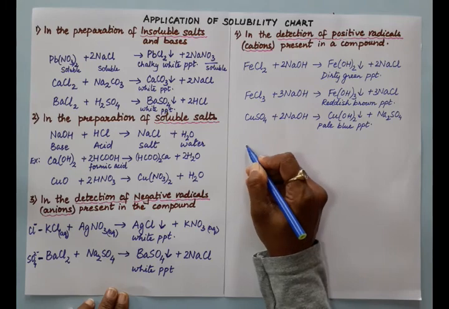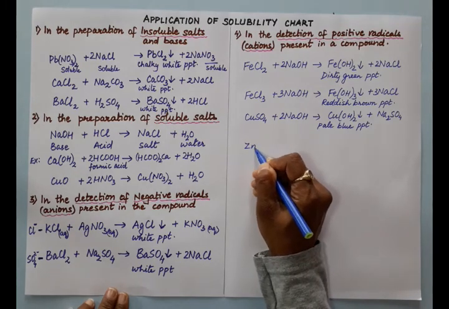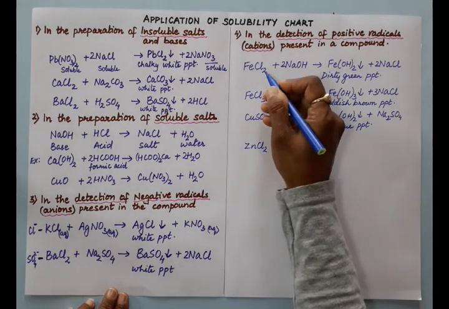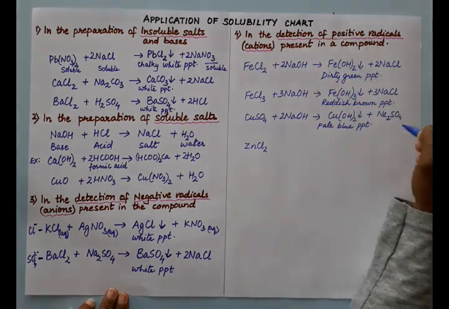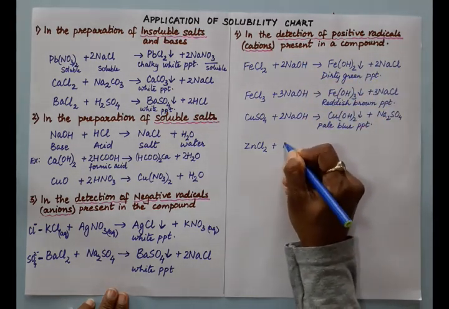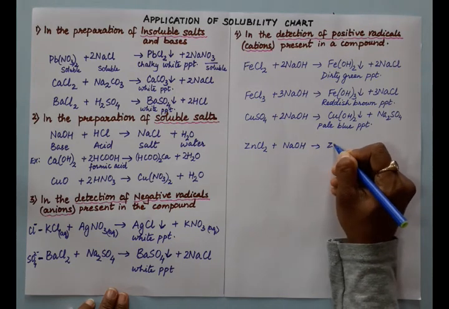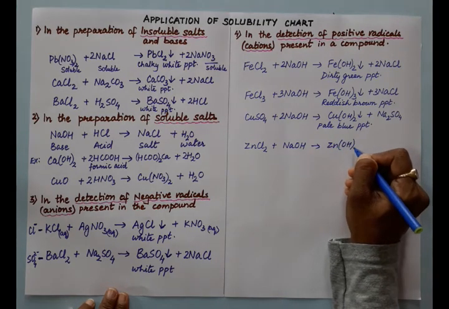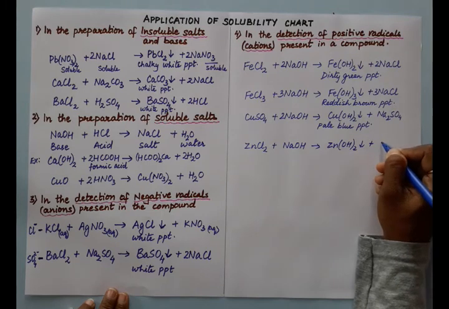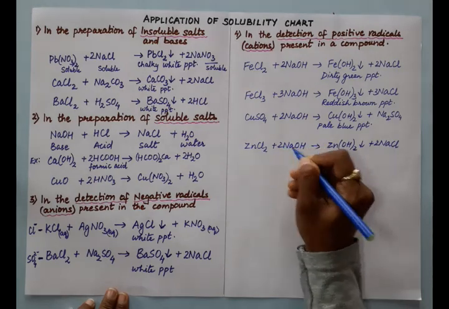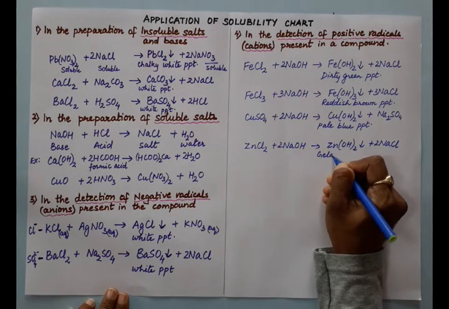Then we have, say, zinc chloride or zinc sulfate, any soluble salt. Soluble plus soluble gives insoluble plus soluble. So zinc chloride, when it reacts with NaOH solution, gives zinc hydroxide, a gelatinous white precipitate, along with NaCl.